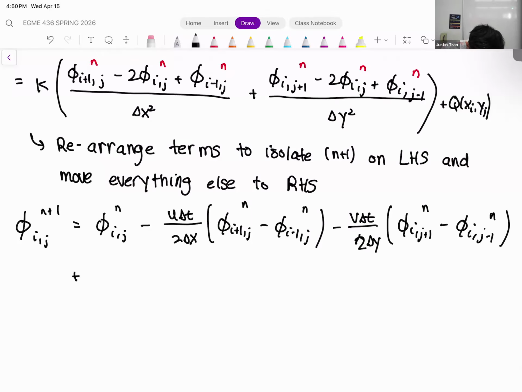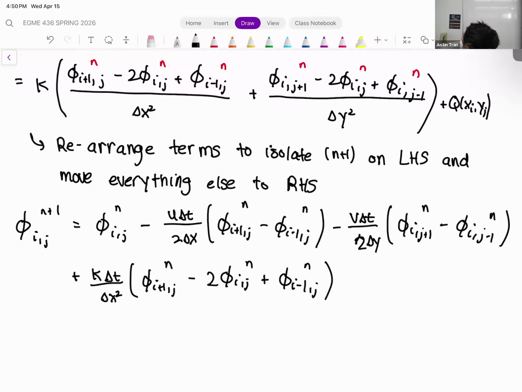Plus k delta t divided by delta x squared, times phi i+1,j at time step n minus 2 phi i,j at time step n plus phi i-1,j at time step n.